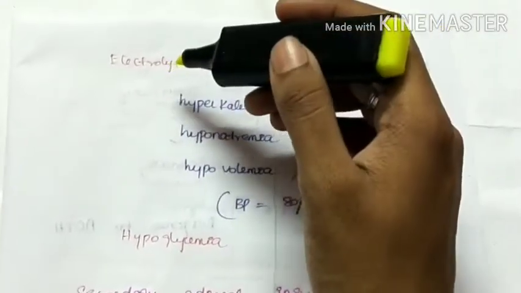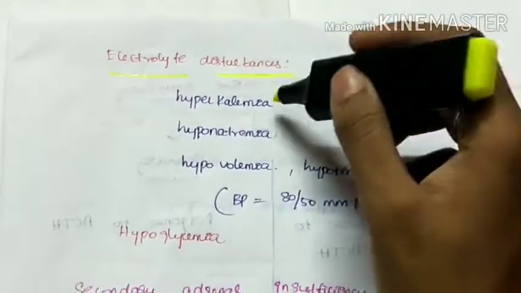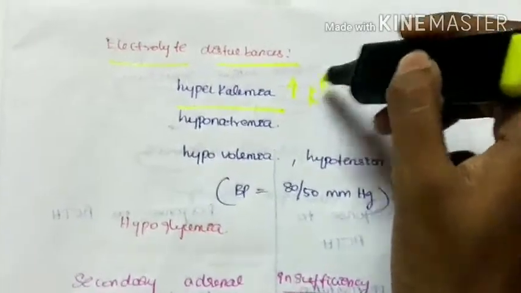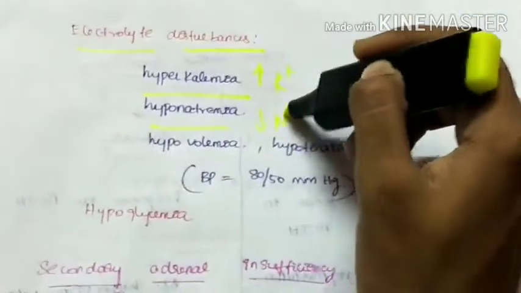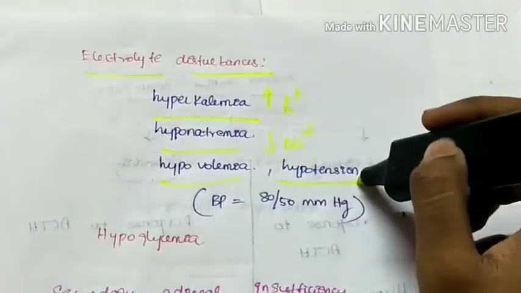The other clinical features are electrolyte disturbances. There is hyperkalemia, increased potassium levels, hyponatremia, decreased sodium levels, and hypovolemia associated with hypotension. Also, there is hypoglycemia.